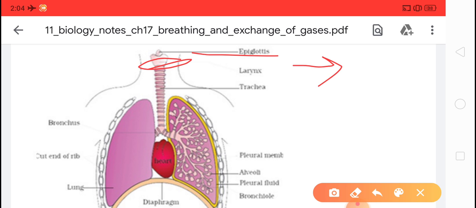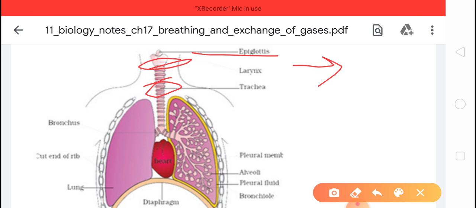Now next, trachea. After the larynx, a structure, the trachea. We have heard about the trachea many times. It is a windpipe, a straight tube found in the mid thoracic cavity, that is the chest. This trachea opens into primary bronchi, left and right. You can see the primary bronchi formed in the structure.